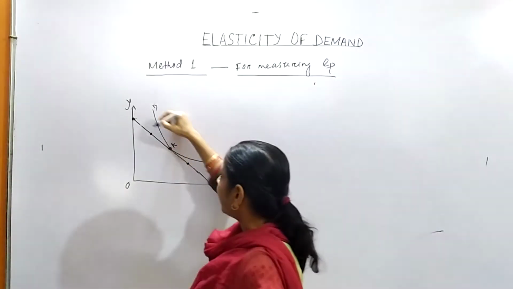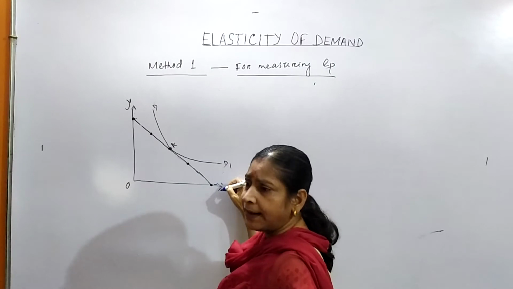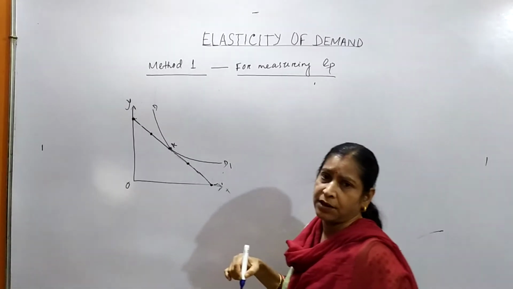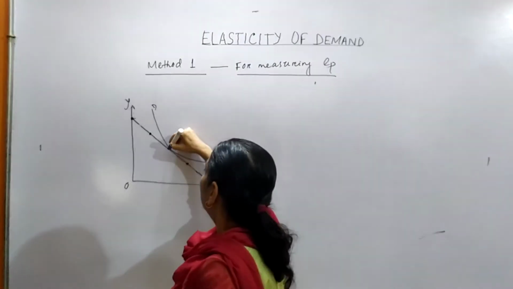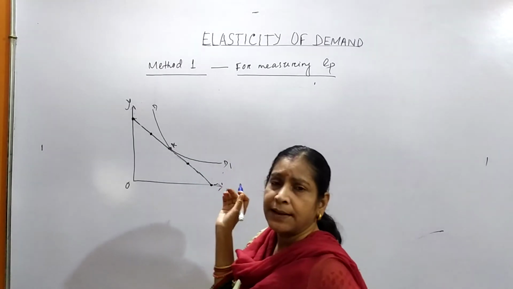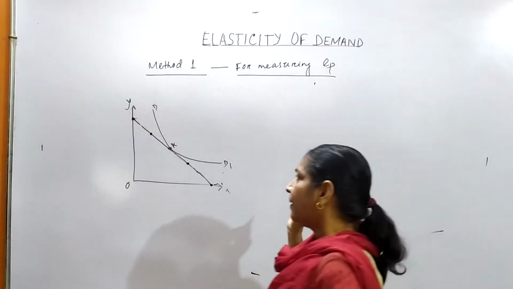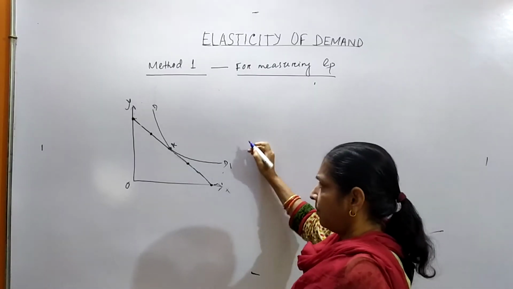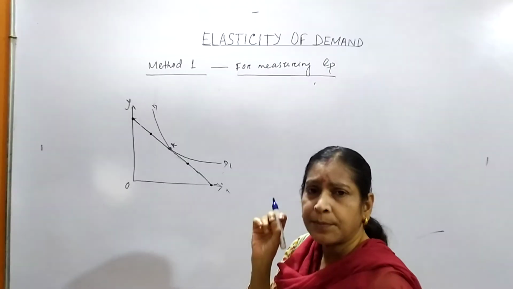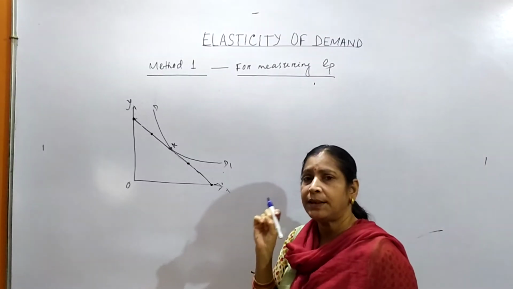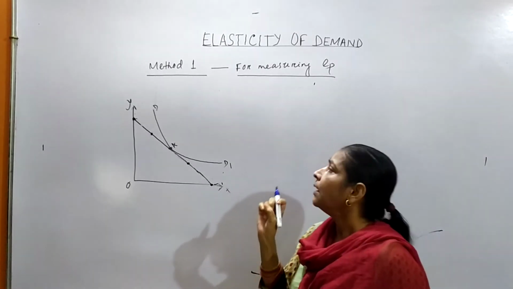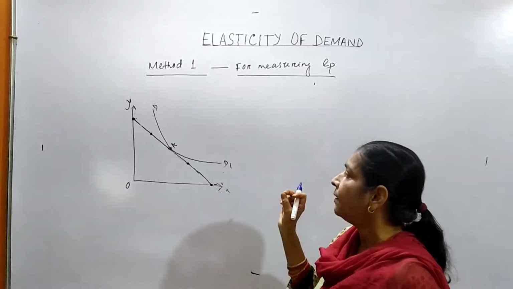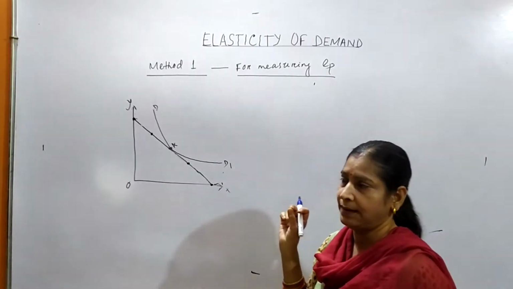We have to draw the tangent by touching that same point. This tangent has to touch the non-linear demand curve at one point, that same point. Now at this point we have to calculate price elasticity. So we have got this point, and the formula for measuring price elasticity at a particular point on a non-linear demand curve is just like the same as on a linear demand curve, because it is a point. At a particular point we have to calculate the value of elasticity.